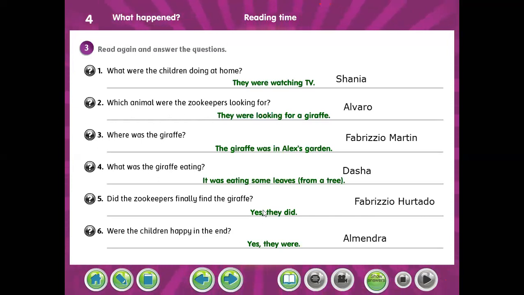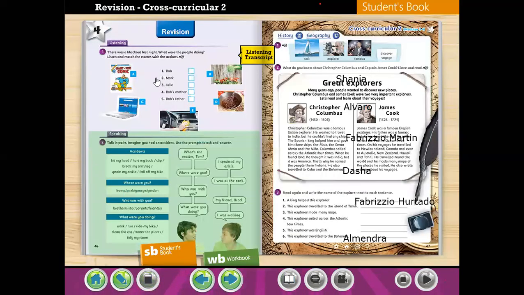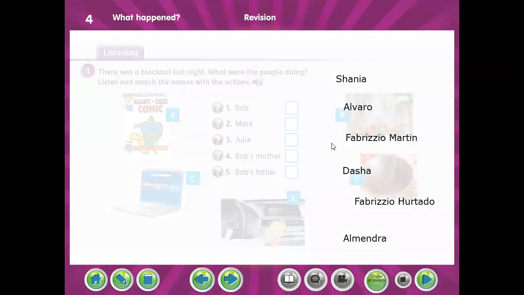Complete this part, please. Now, let's work on the revision, okay? The revision part. In your books, it's on page 46. Listen to this audio. They are talking about an incident report.